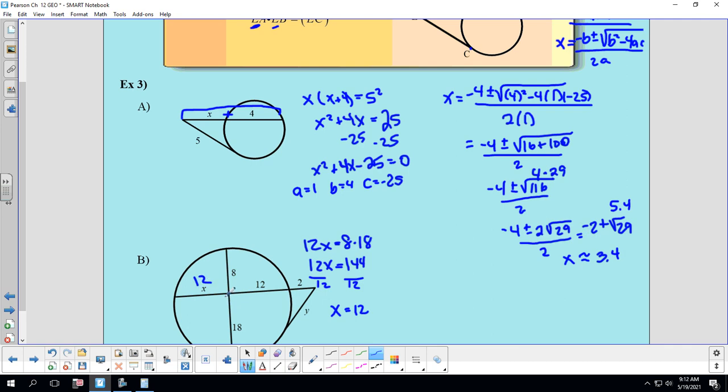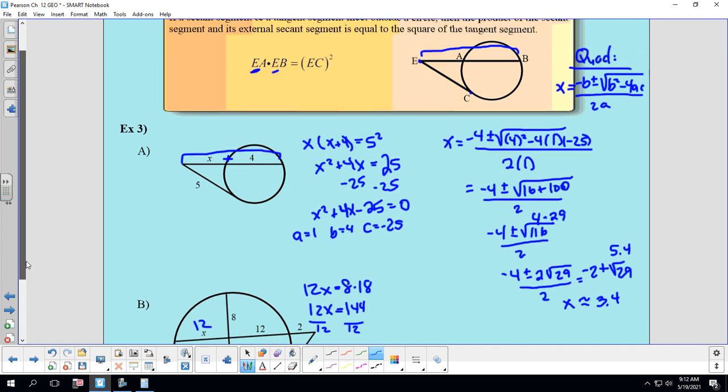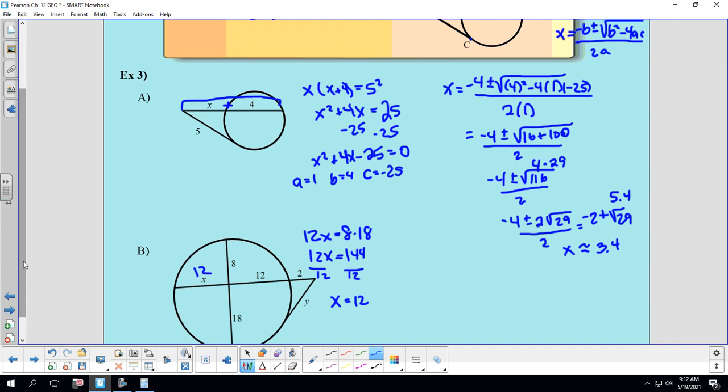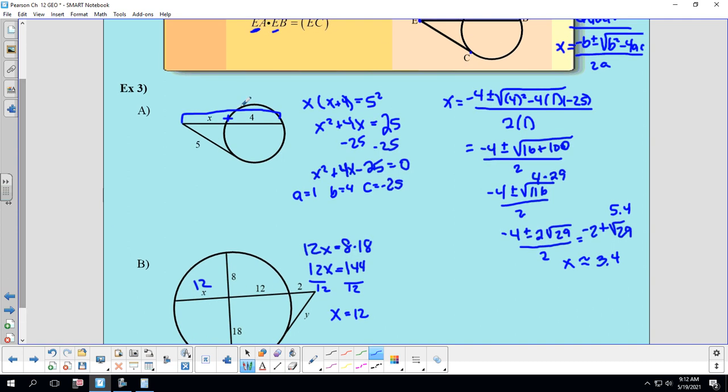All right, with that being 12, we can then use this formula here to find our y. So y is going to be the EC in this formula.